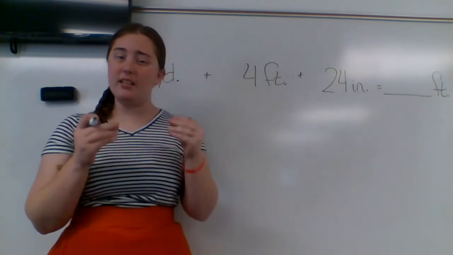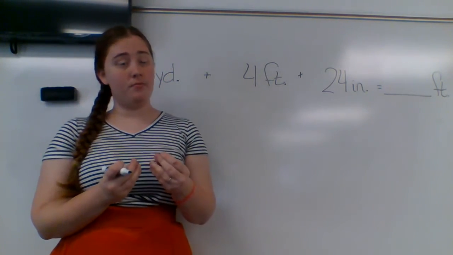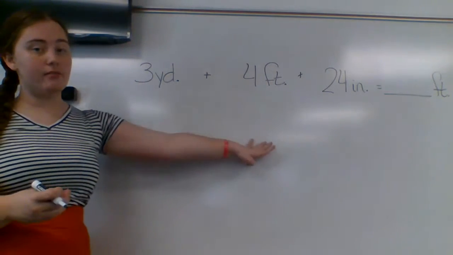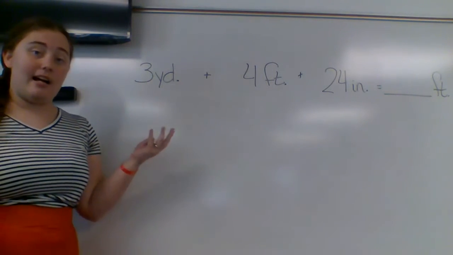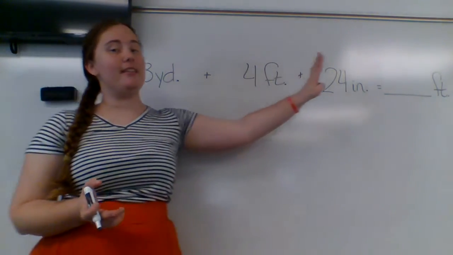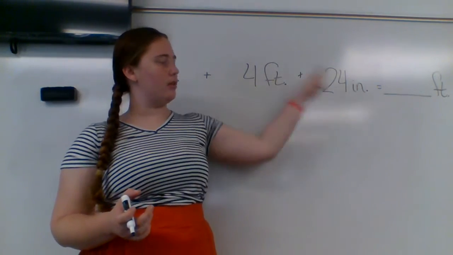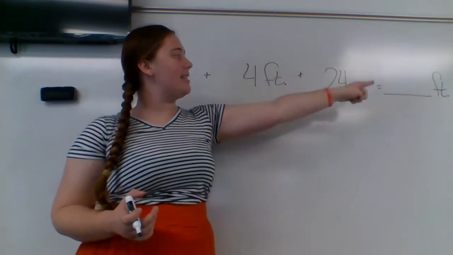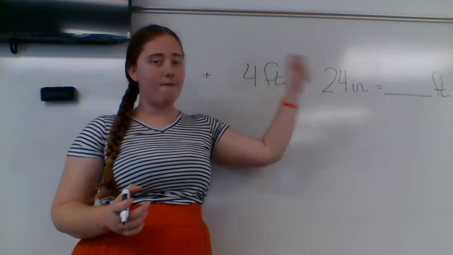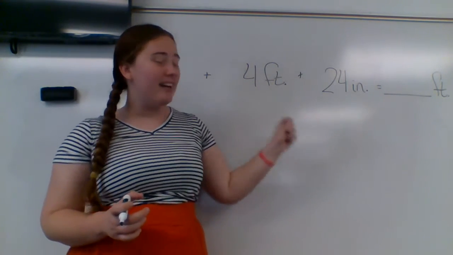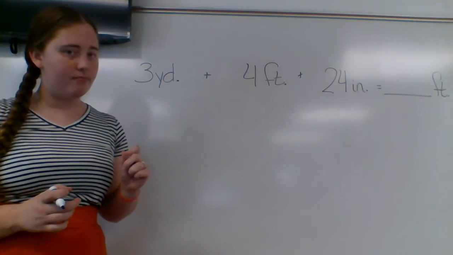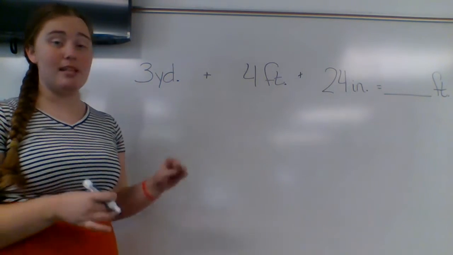So which one do you think I'm going to do to make them all even? Well, I have to look at the very last thing in this equation. The last thing I have is equals blank feet. So what does my final answer have to be in? Right, my final answer has to be in feet.